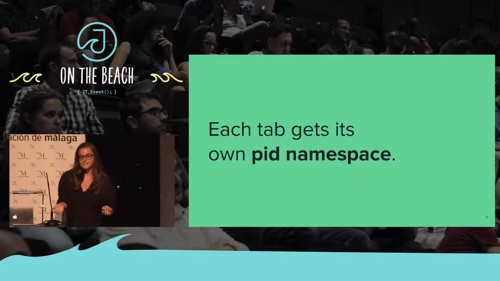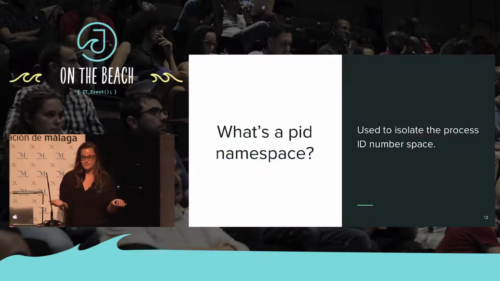But the way it works on Linux is a lot like the way that containers themselves work. So each tab in Chrome actually gets its own PID namespace. But we can go over what a PID namespace is. It's isolation of the process ID space. So the benefit that you get from this is that each tab only knows about itself.